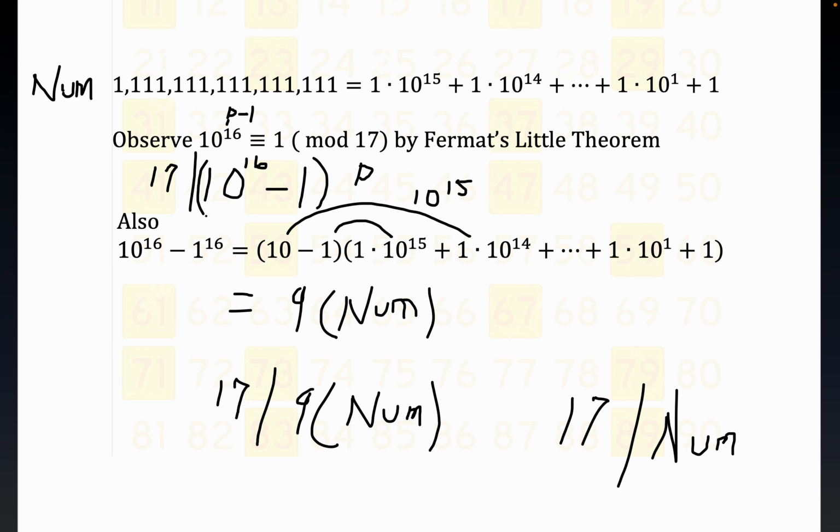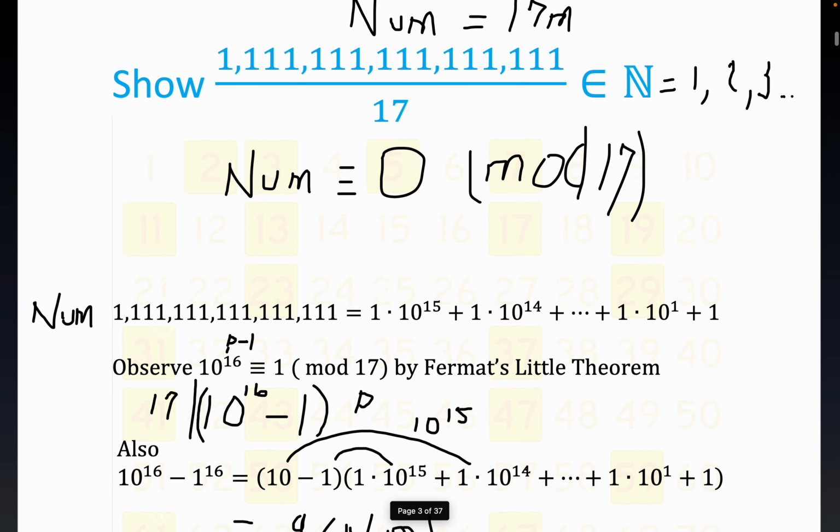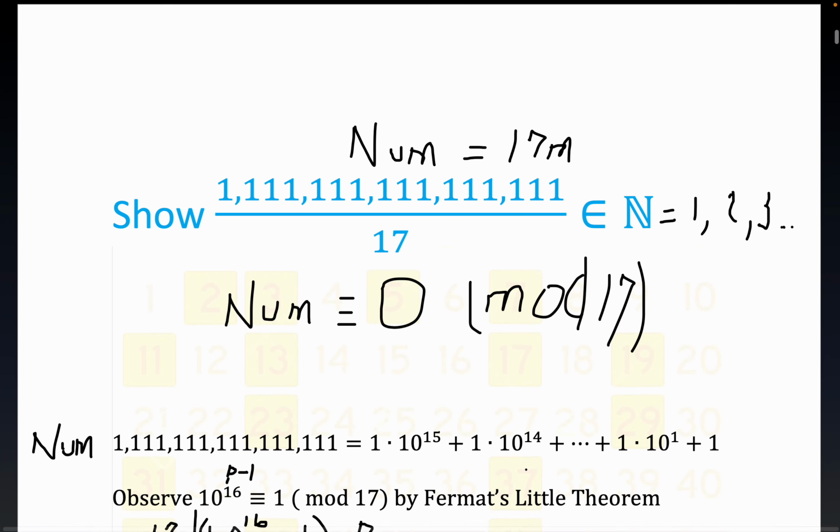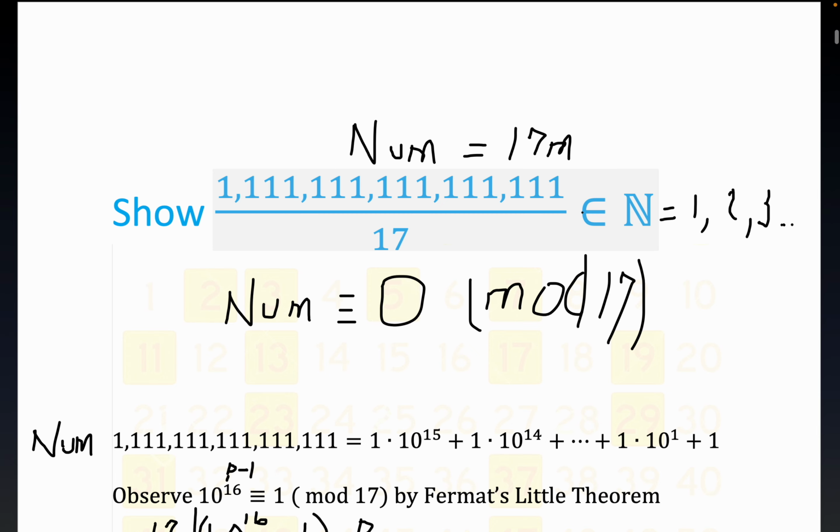We know from Fermat's theorem that 17 must divide this product. If 17 divides the product of two integers, it has to divide one or the other. The same is not true of composite numbers, but it is true of prime numbers. So we are done. We showed the numerator was a multiple of 17, hence the entire fraction was a natural number.